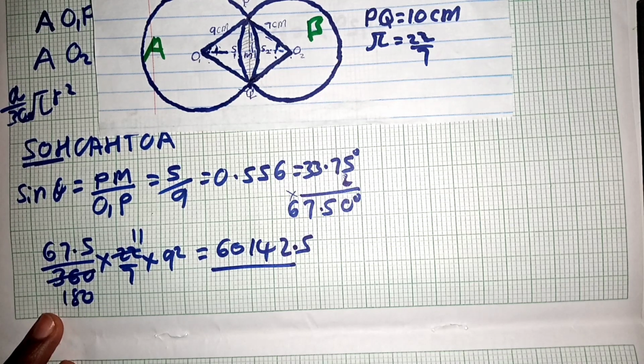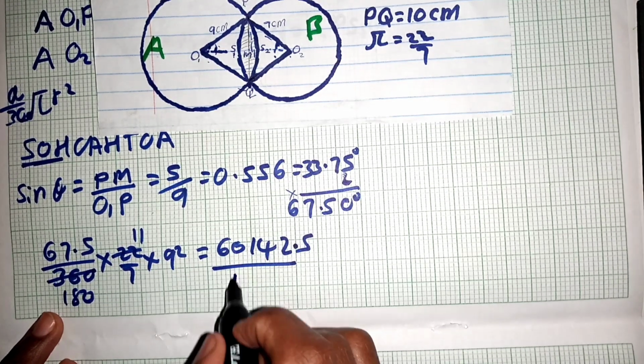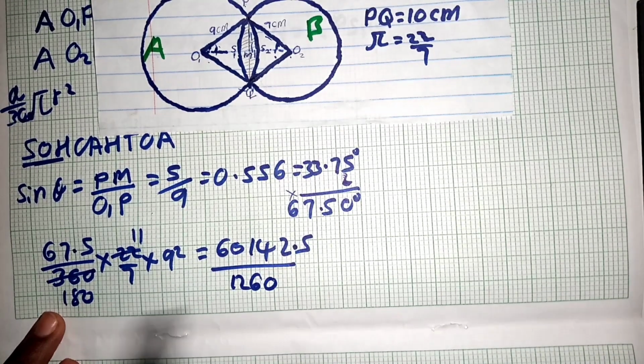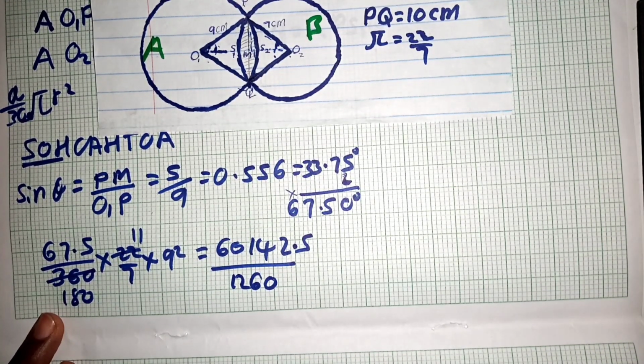180 multiplied by 7 is 1260. What do you get when you divide? Let us divide 6142.5 by 1260.